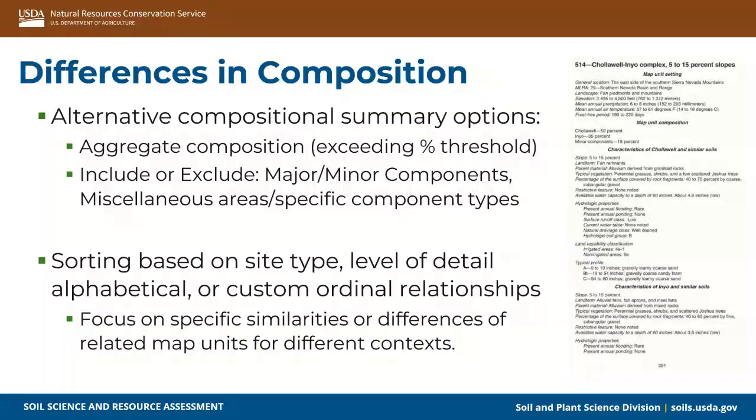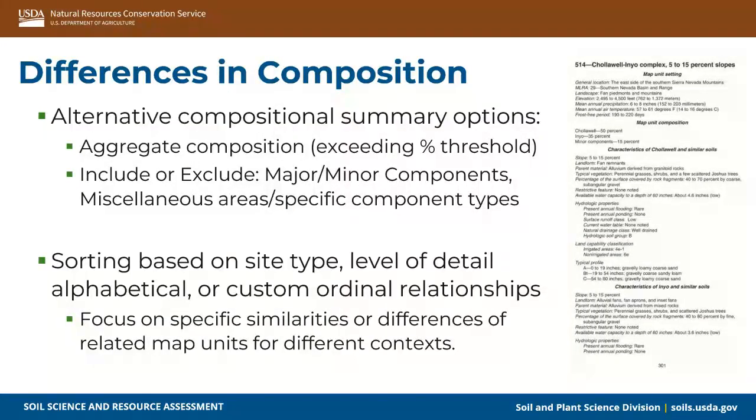For instance, maybe you want to know how many sites it takes to exceed 75 or 80% of a map unit, and however many sites that is, maybe it's 4, maybe it's just 1. Maybe you want to know that you're covering some minimal, baseline proportion of the extent of that map unit. Also, there are instances where you may want to include minor components or exclude them entirely.